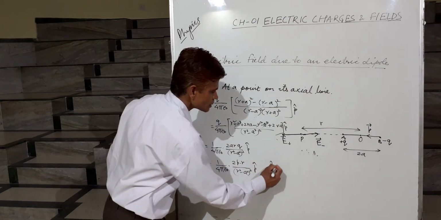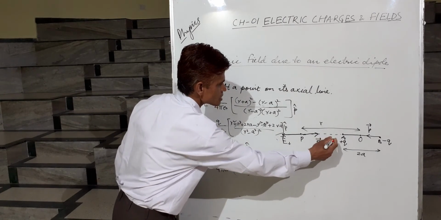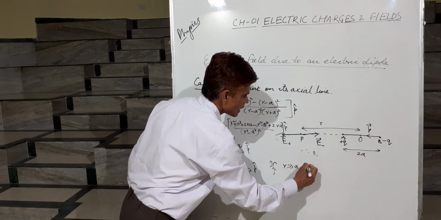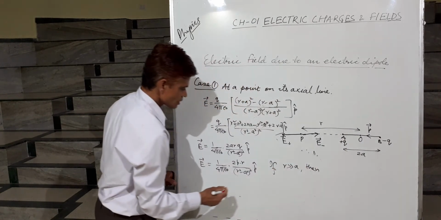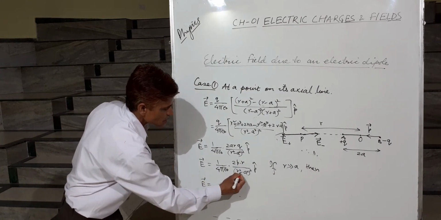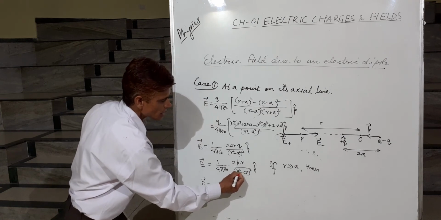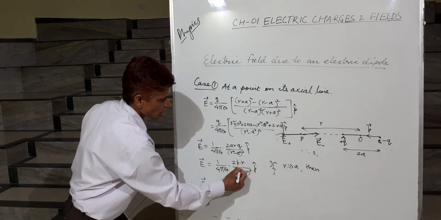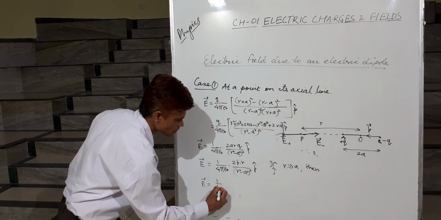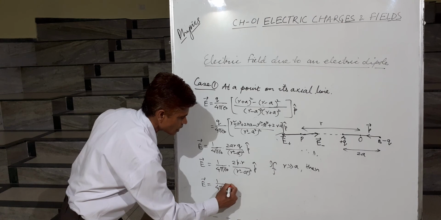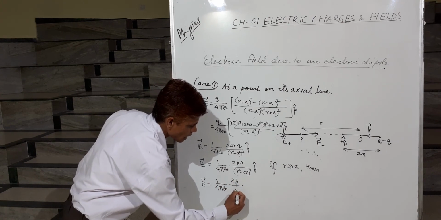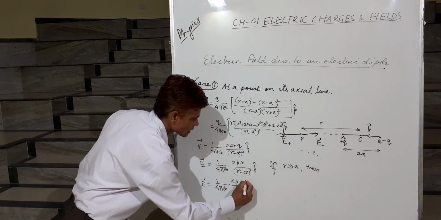Now, as you see, if r is much greater than this small a, then in that case we can ignore a, so here you will get r to the power 4 and this r will be cancelled by 1, so in the denominator you get r cube. So it becomes 1 by 4 pi epsilon naught 2p upon r cube and unit vector p cap.